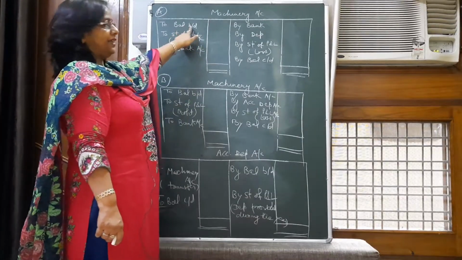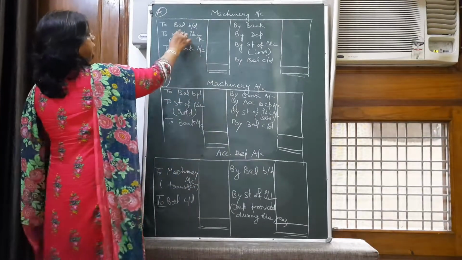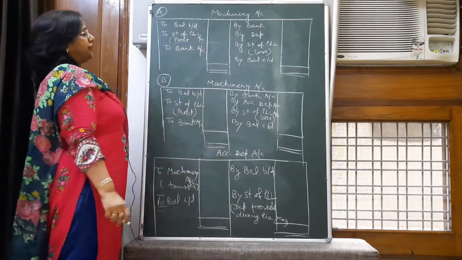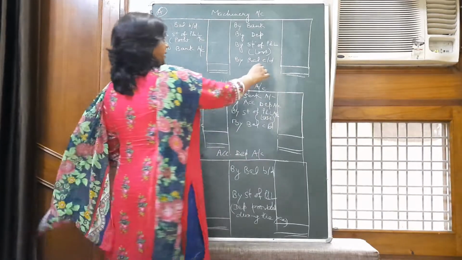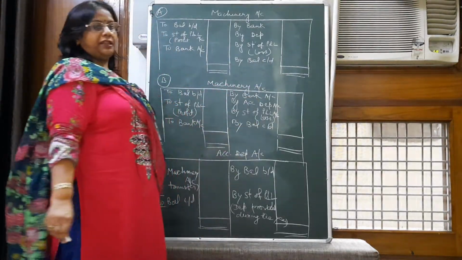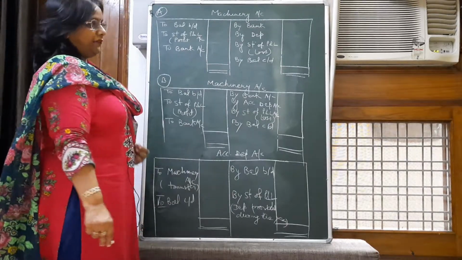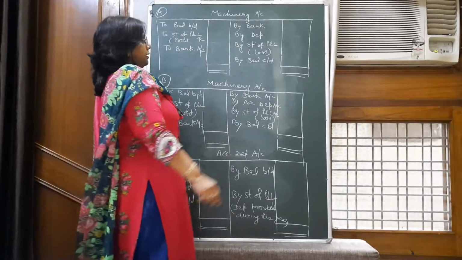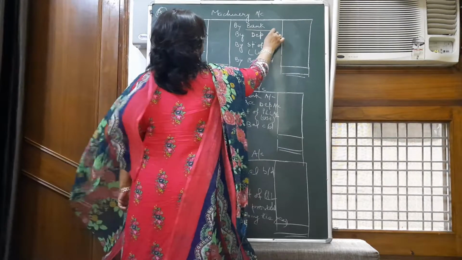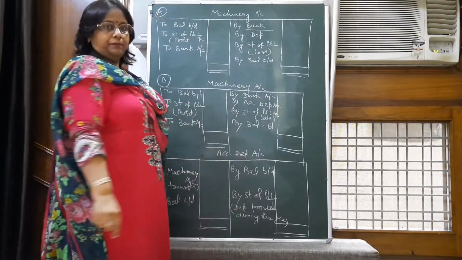Hereby to balance BD, you write the opening balance of machinery account. By balance CD, you write the closing balance of machinery account. Now, during the year if you sell a machinery, that will be shown here by bank account.